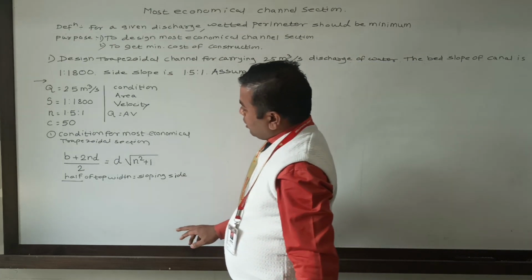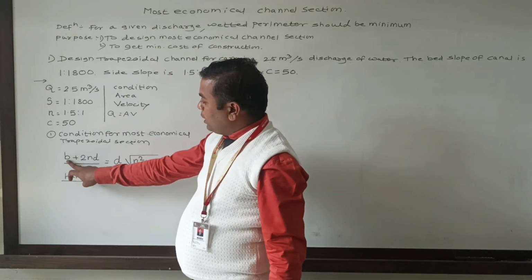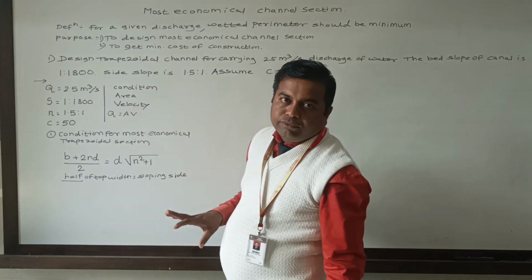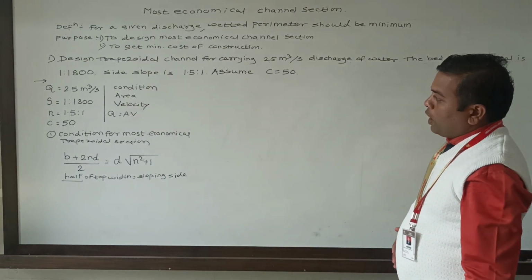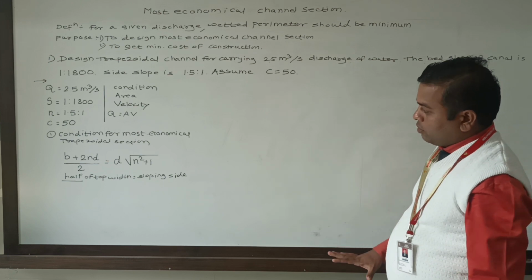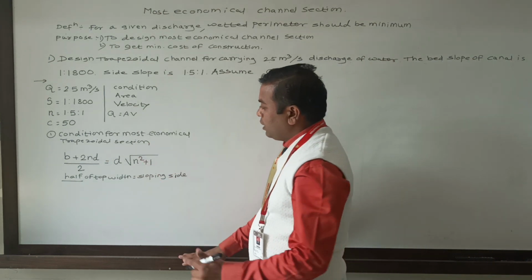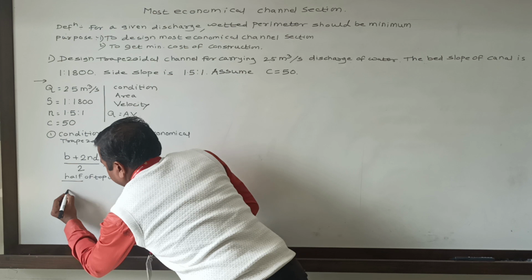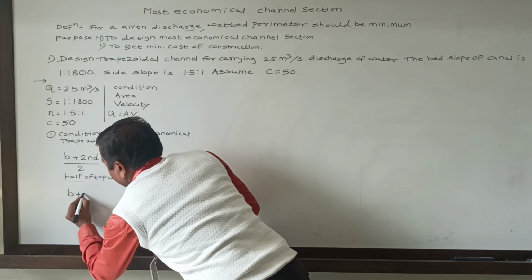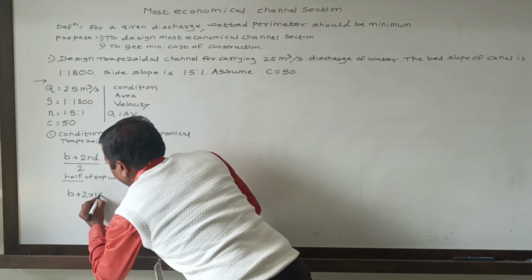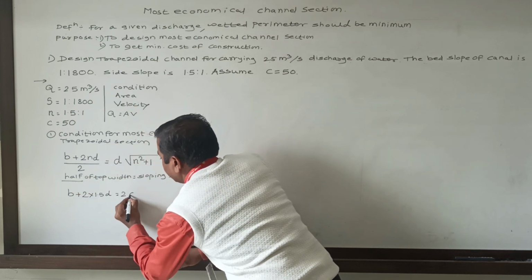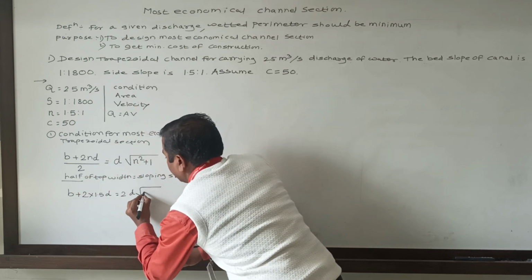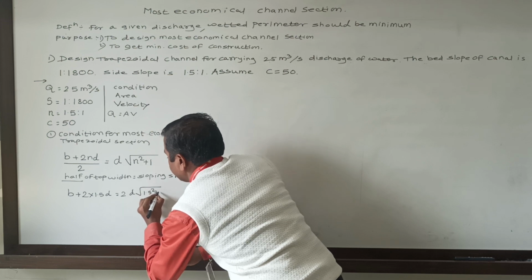Here we have to calculate the value of B and the value of D, that means we have to design the economical section. The value of N is known to us, so we just put the value of N here. B plus 2 into 1.5 D, these two will be on this side, that is 2D into square root of 1.5 square plus 1.